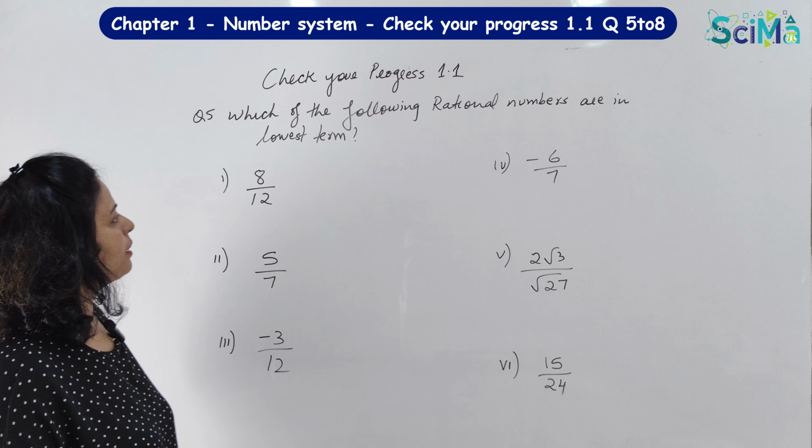Third question, also you can multiply with 2, you get 34 by 6. Then you can multiply with 5 maybe, right?